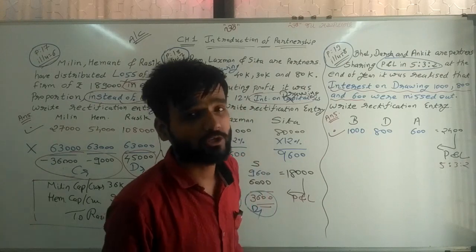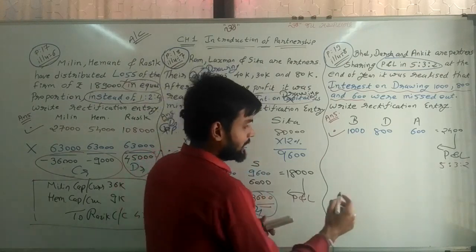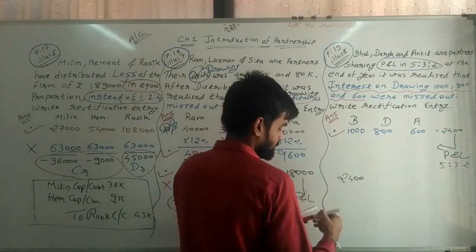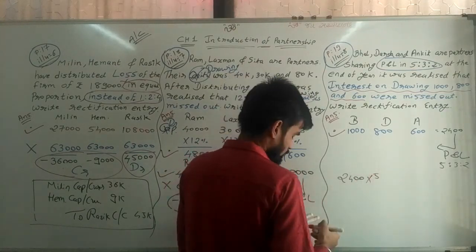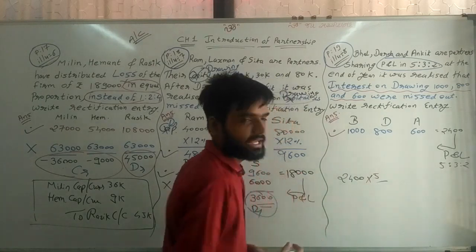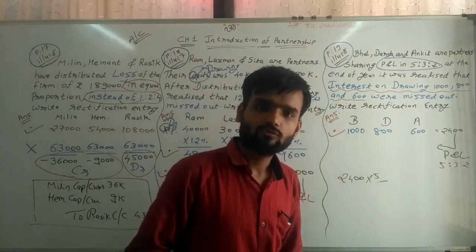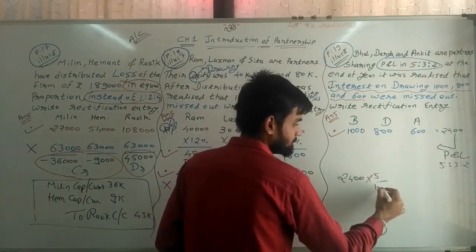Now again calculation requires. We need to distribute 2400. 2400 into 5 divide by. Now total of this 5 plus 3, 8, 8 plus 2, so 10. So divide by 10.